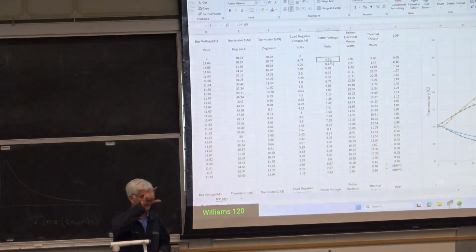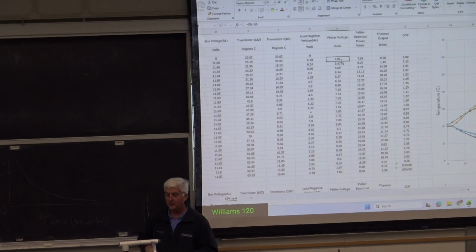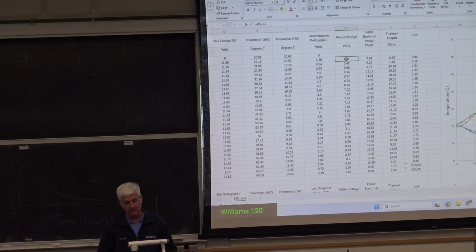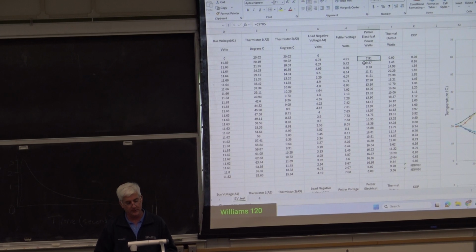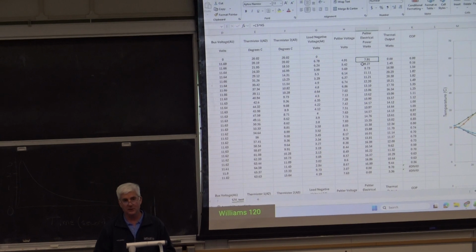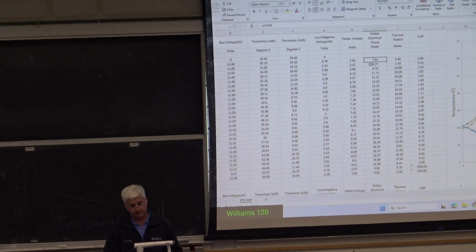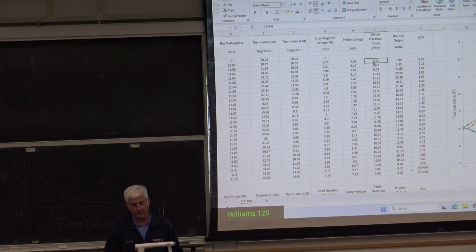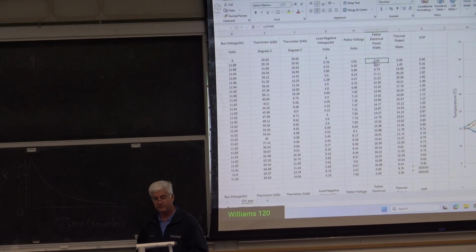That gives me just the voltage across the Peltier. That was a super common problem that plagued a lot of people. So then I take this value, multiply it by the current that was coming off the shunt resistor. So that gives me my electrical power. Great, cool.